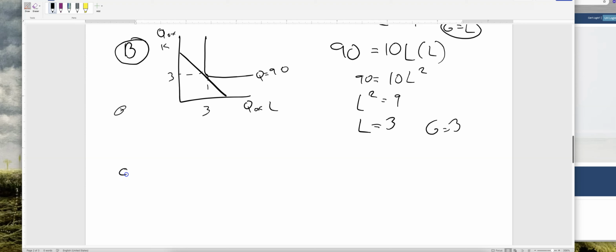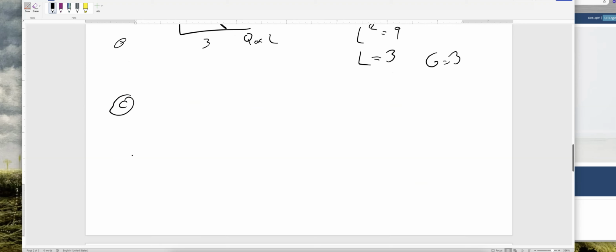Then in letter C, we're told that the quantity is going to increase to 160, and we're asked if this firm is going to have constant, increasing or decreasing returns to scale. Well, to determine what the returns to scale are here, all that we do is add up the exponents. Remember, there's a presumed 1 and a 1.